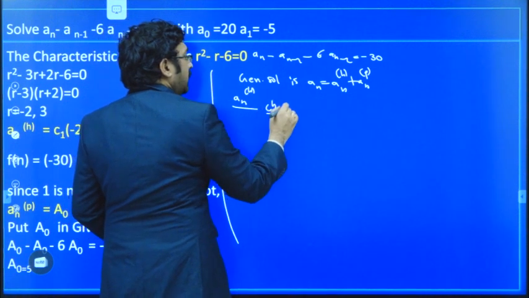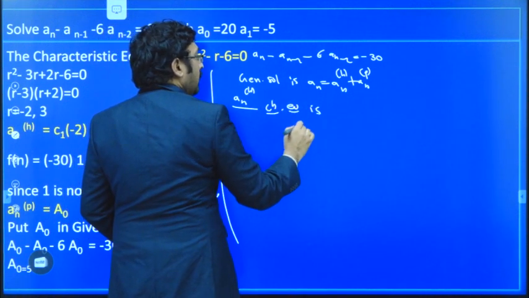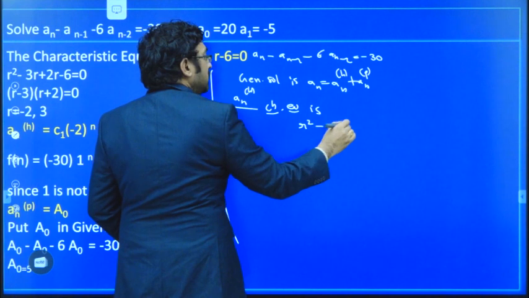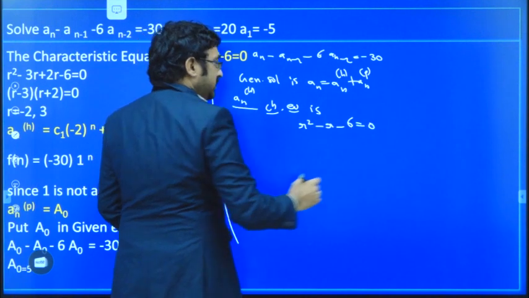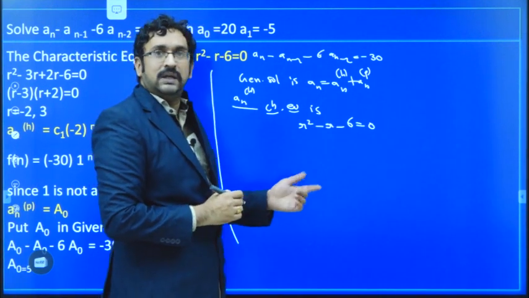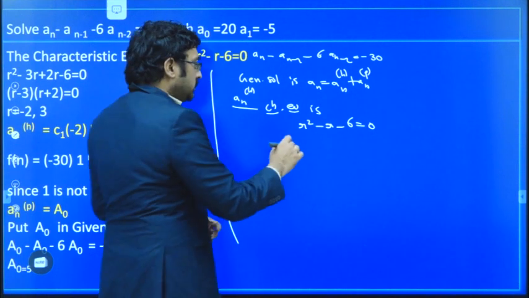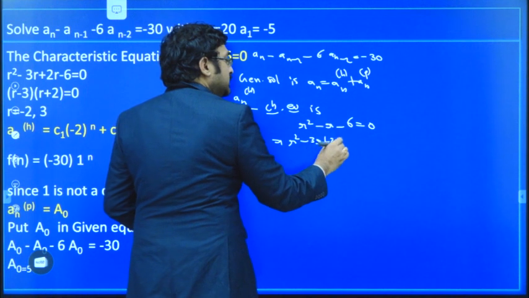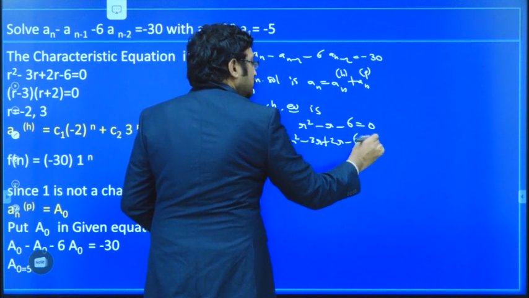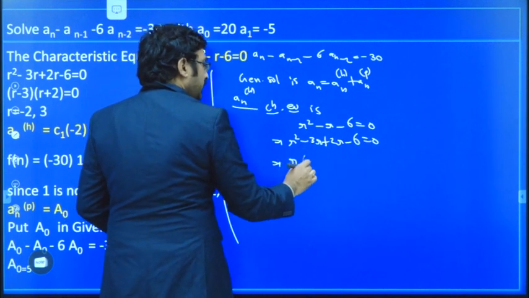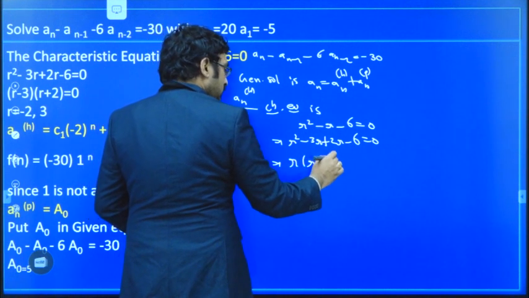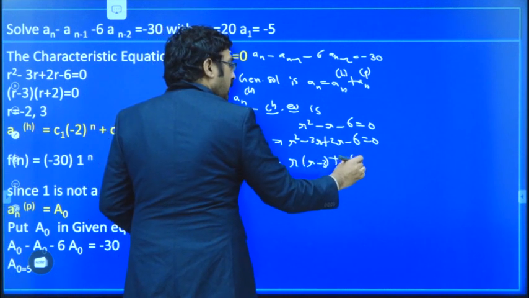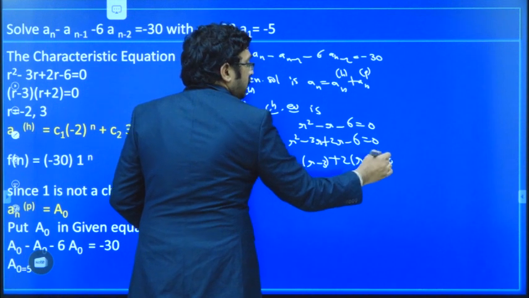So the characteristic equation is r square minus r minus 6 equal to 0. Factors of 6 are 3 and 2. We can apply that here. So r square minus 3r plus 2r minus 6 equal to 0. Take r as common, r minus 3. Take plus 2 as common, r minus 3 equal to 0.